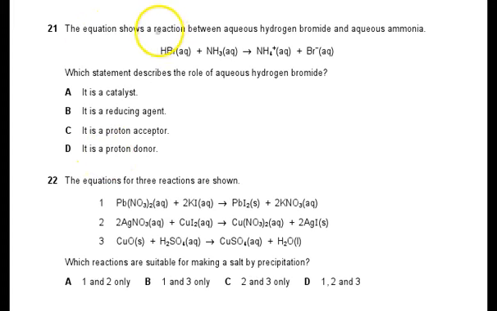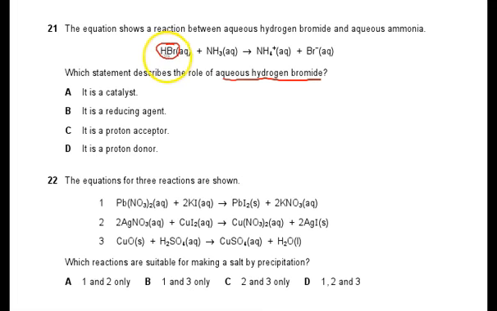The equation shows a reaction between aqueous hydrogen bromide and aqueous ammonia. Which statement describes the role of aqueous hydrogen bromide? Hydrogen bromide is a type of acid.